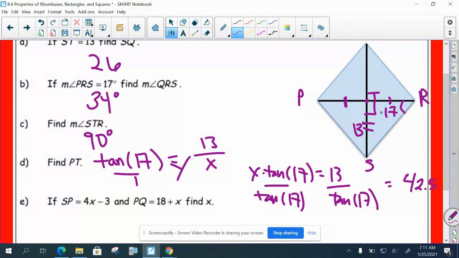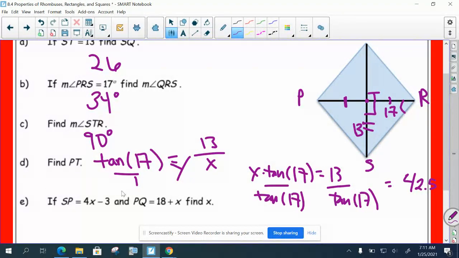But that would make sense because this is definitely not drawn to scale if this is 17 degrees. It's probably going to be more squished down. That's a pretty small angle rather than what it looks like, which is 45. So it makes sense that if the opposite side is so short, the adjacent side would be longer.